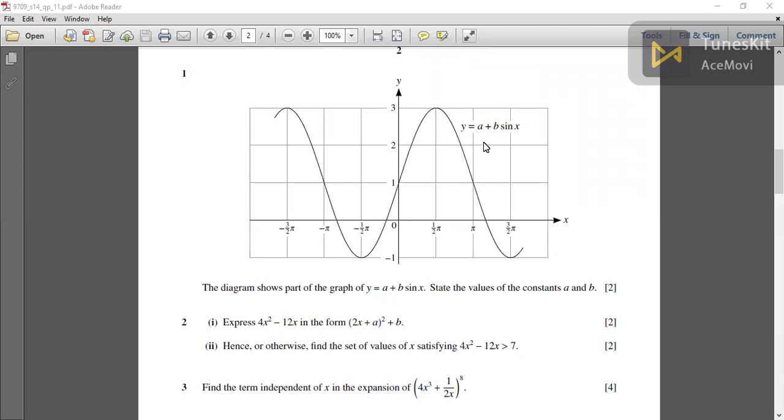Okay, now for number two, it asks us to make this expression into this form. As we can see, this is about completing the square. To complete the square for 4x squared minus 12x, we have to make the x squared coefficient 1, so we take out 4. This becomes x squared minus 3x.